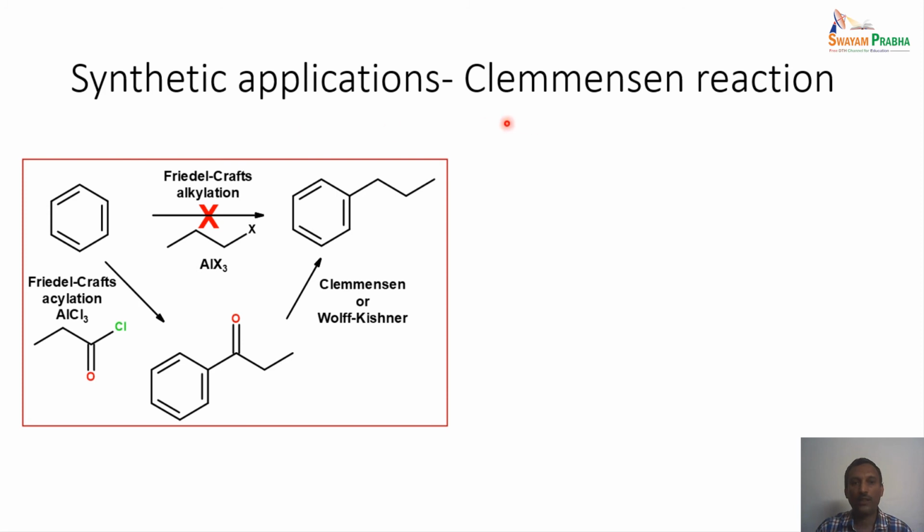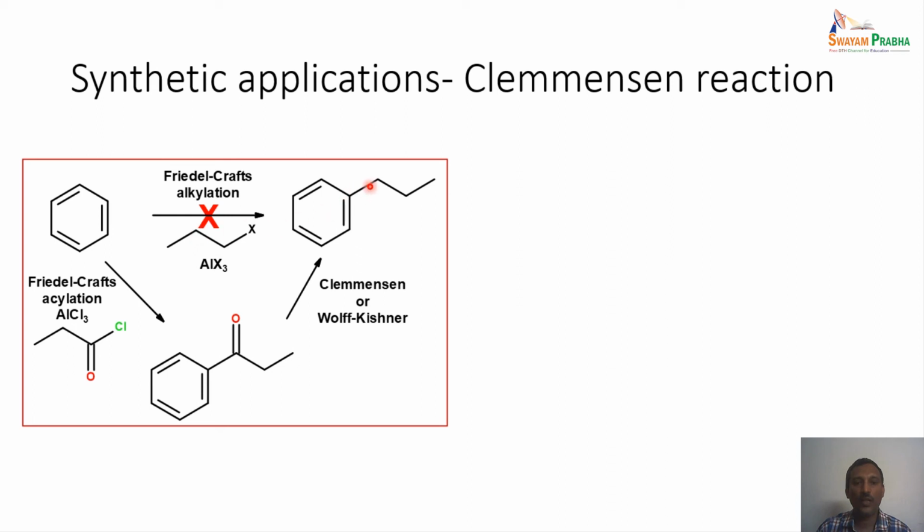Let us look at the synthetic application of the Clemmensen reaction. Generally, many Friedel-Crafts reactions we are familiar with cannot be carried out if we have an alkyl halide which can undergo rearrangement. This is a primary alkyl halide, and it can undergo a rearrangement under Friedel-Crafts alkylation conditions.